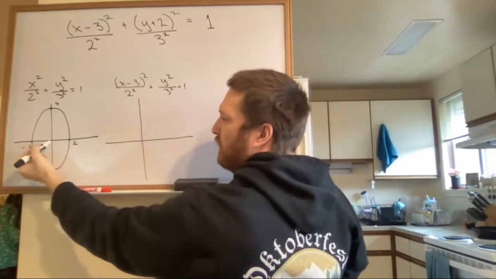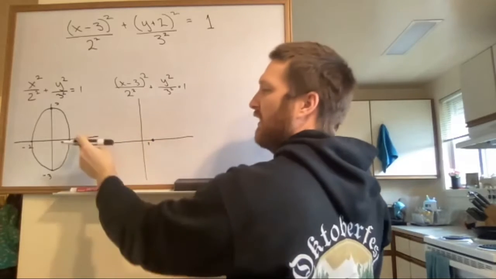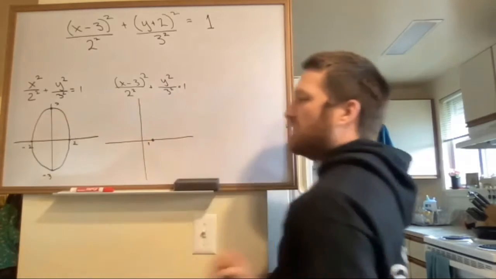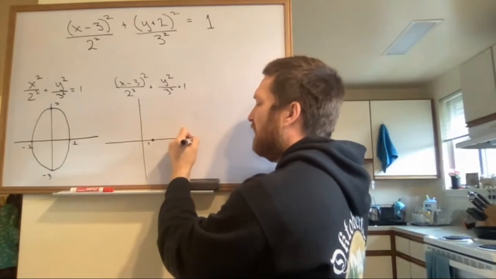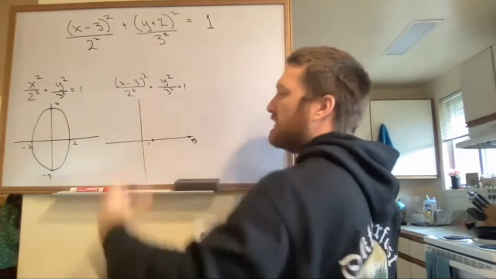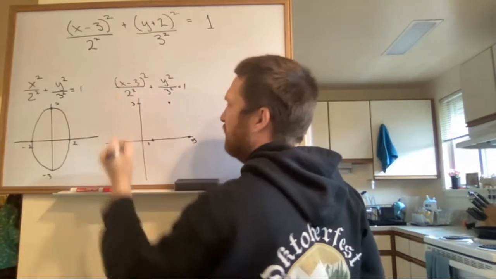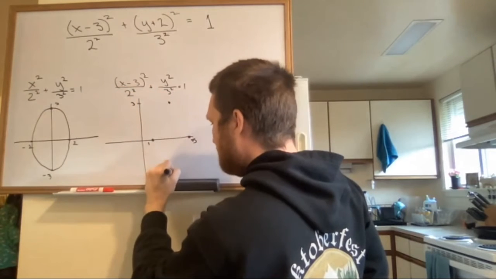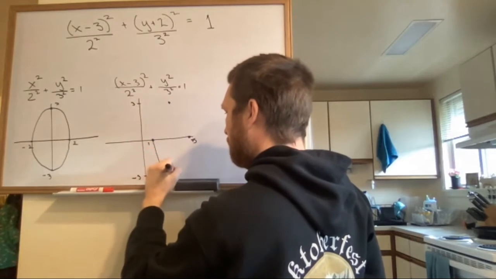I moved him over 3 units, and so he should end up here at 1. This guy moved over 3 units, so 2, 3, 4, 5. He ends up at 5. And then those guys didn't change at all. They're still up here at +3 and -3. And so, okay, they go through like that.